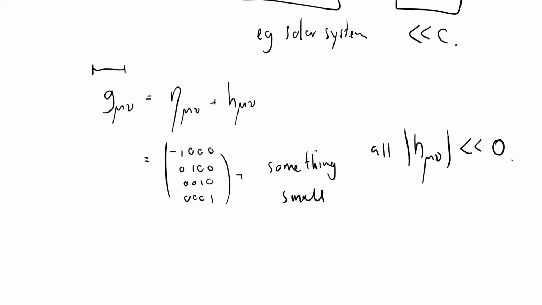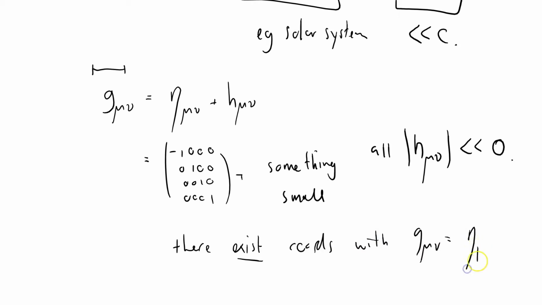It's important to say that there exist coordinates with this property, g mu nu equals eta mu nu plus h mu nu. There exist coordinates. It's not the case for all coordinates, because of course I might choose to describe the solar system in terms of r, theta, polar coordinates, which don't have this nice property here.